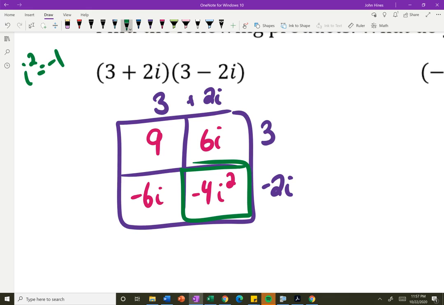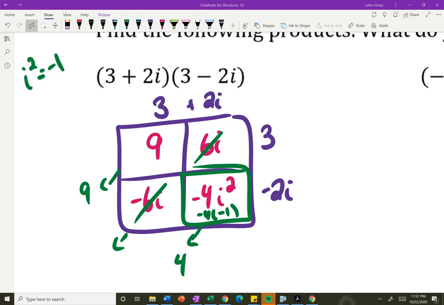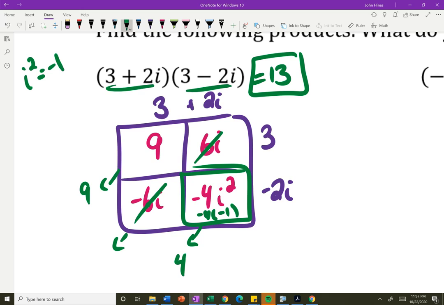It's this imaginary number that when we square it, we get negative 1. So this is really negative 4 times negative 1. So I got 9. Those guys became 0. And then negative 4 and negative 1 makes a positive 4. So 9 plus 4 is also known as the number 13. So the product of these two complex numbers is the number 13.